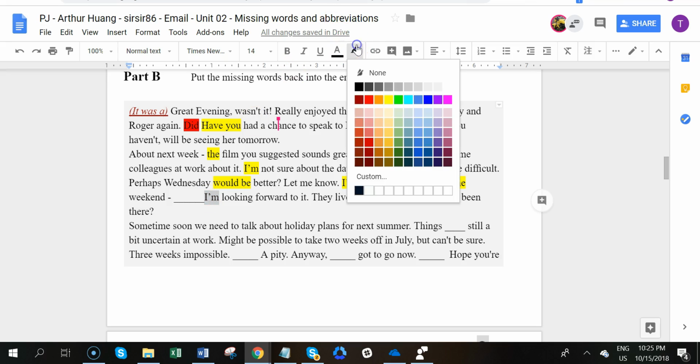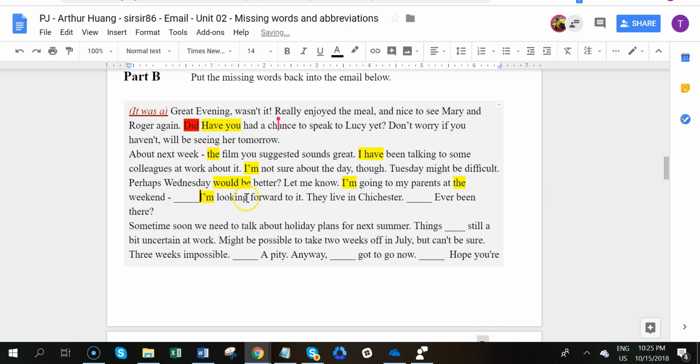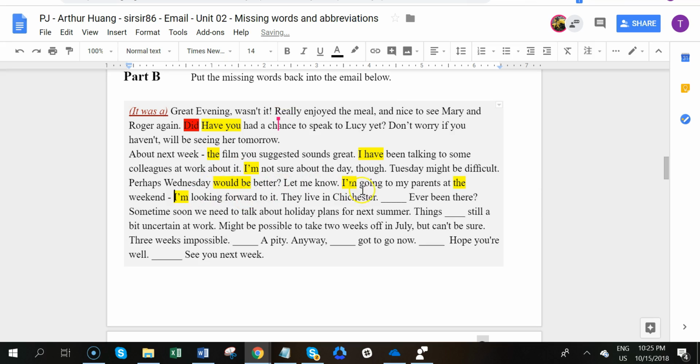Can you read it? They live in Chichester. Yes. So, if you think you are going to have difficulties in reading a long word, the technique for that is to divide it into syllables. For example, chi, then make it the first syllable, chas.